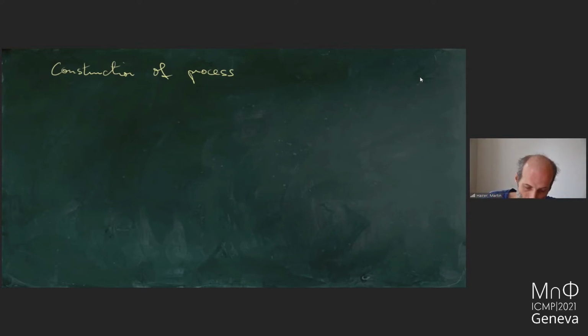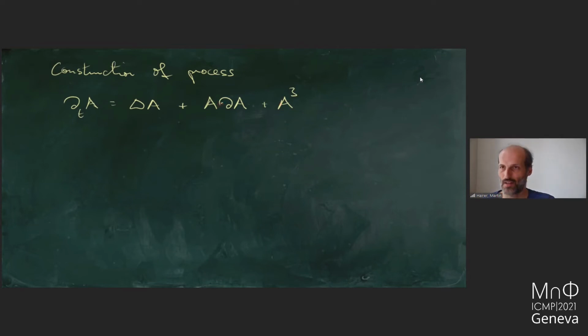But the idea is that, in terms of scaling, remember the equation that we're looking at basically looks like this, where the products should be interpreted as suitable bilinear and trilinear forms, and then you have this white noise here.